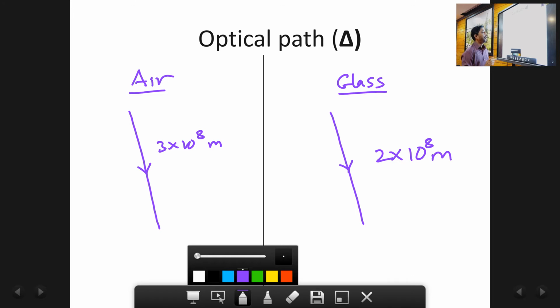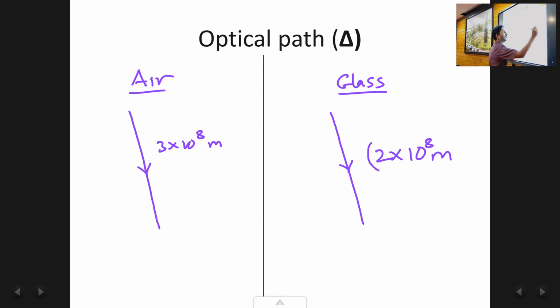Here it is 3, here it is 2. To compensate for this lesser distance, I need to multiply this distance with some number which is greater than 1. If I multiply this 2 into 10 raised to 8 meters with a number greater than 1, I may be able to get this value, 3 into 10 raised to 8 meters. Now the question is, what is this number which I have to multiply with 2 into 10 raised to 8?